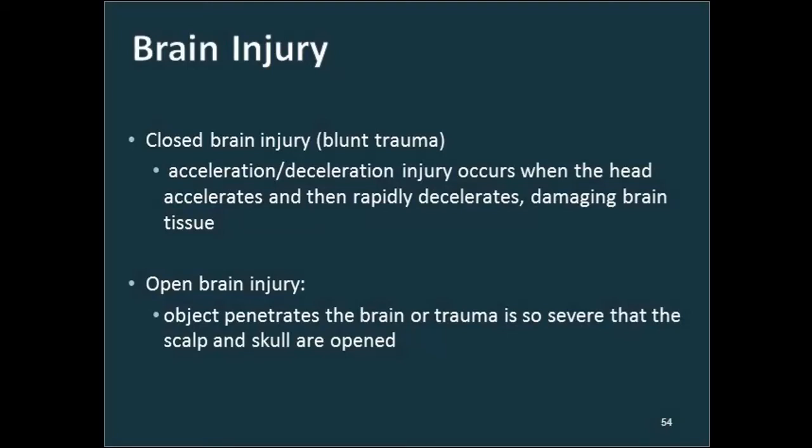So the head accelerates and then rapidly decelerates, damaging the brain tissue. What happens is it makes the brain actually go toward the front of the skull. It damages the front of it, and then when there is that sudden deceleration, the brain actually hits the back of the head, and it's a forward and a backward, or a coup contrecoup injury.